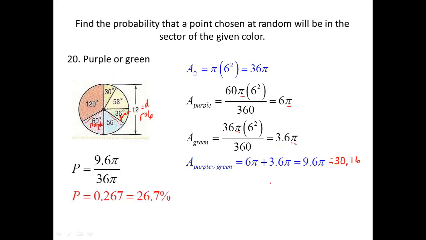Now if I did these numbers, did the probability, I get 0.266 repeating, which is effectively that.